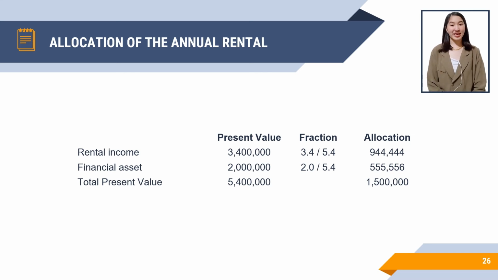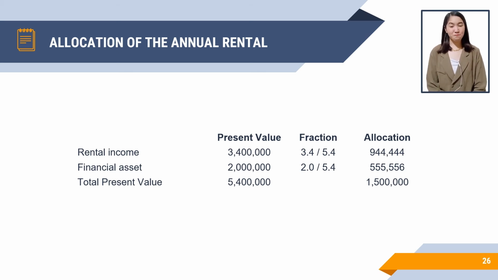Ayun yung makikita natin sa fraction, which is 3.4 million divided by 5.4 million and 2 million divided by 5.4 million. Ang makuha natin sagot doon ay i-multiply natin sa 1.5 million na annual rental receivable para malaman naman yung exact amount na allocated niya para sa rental income at financial asset.